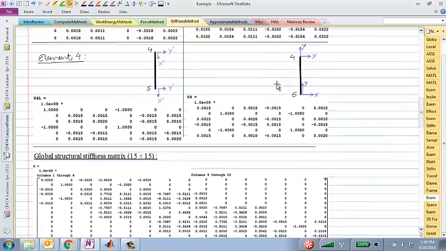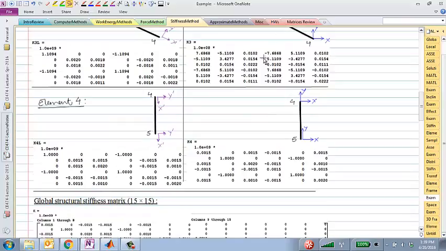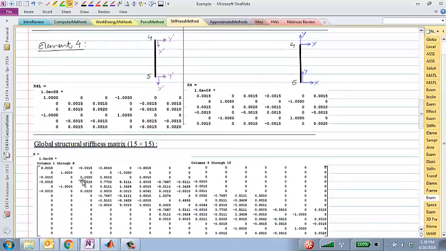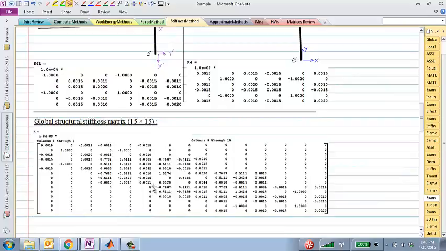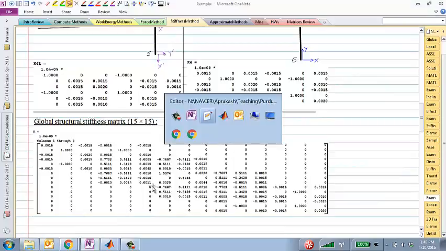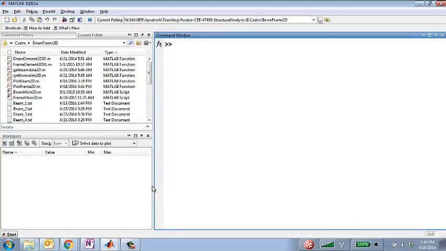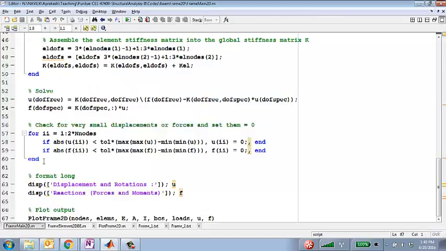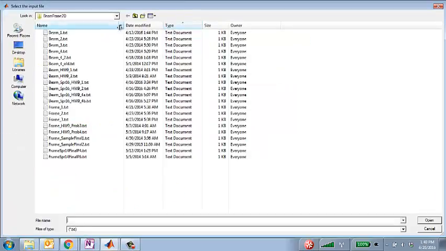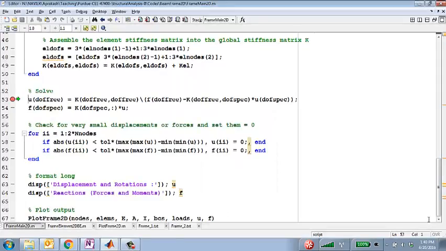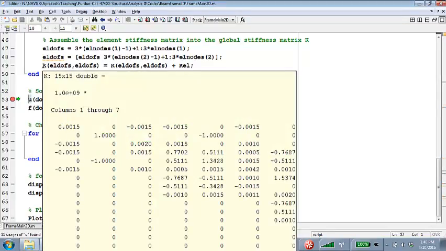So it's these global components that we assemble. We get this huge 15 cross 15 stiffness matrix. I think I had run the MATLAB code last time to get to that point. I'll do that again. So run, and by the way, this input file name is frame2.txt in the codes that I posted. At this point, I have this 15 cross 15 K stiffness matrix, which doesn't even fit on one page.